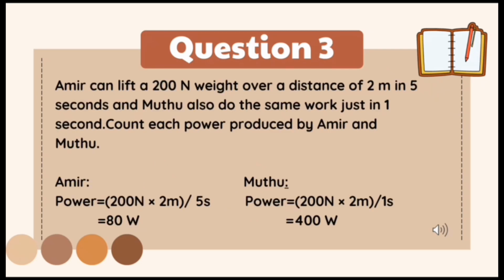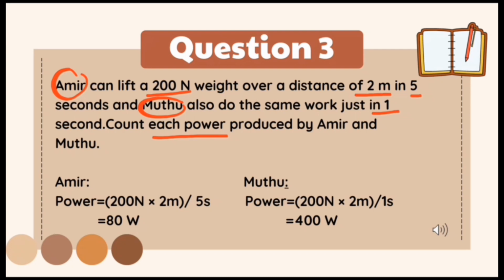Question 3. Amir can lift a 200 Newton weight over a distance of 2 meters in 5 seconds. And Mutu also does the same work in just 1 second. Calculate the power produced by Amir and Mutu. Here we are calculating the same thing but with different times.